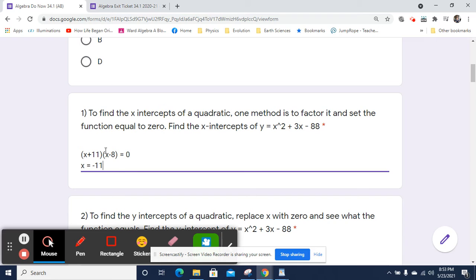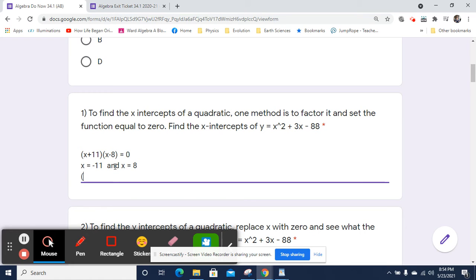And if x were 8, x minus 8 would be 0. And that would make the whole thing 0 because 0 times anything is 0. So x equals 8. So our x-intercepts are negative 11, comma 0, and 8, comma 0.